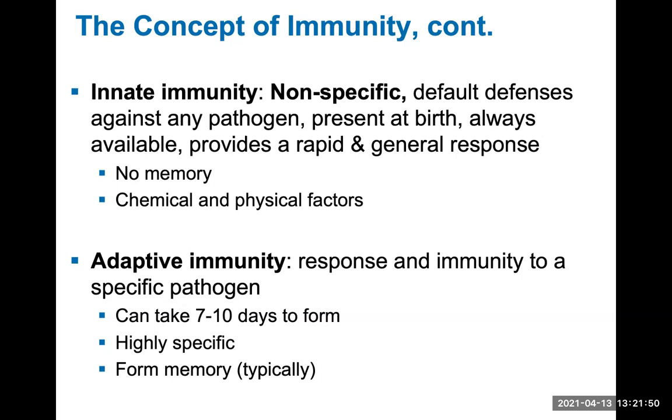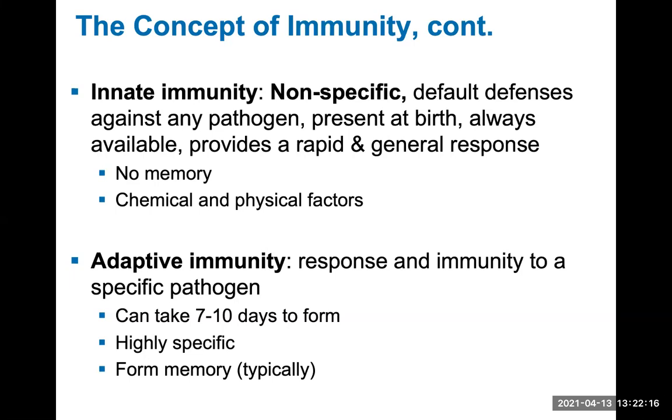It's a very powerful system, and our body has to be very certain that it's functioning correctly. And then it has to synthesize all of these very specific proteins, multiply cells. And so it takes about 7 to 10 days for this whole process of adaptive immunity to form.